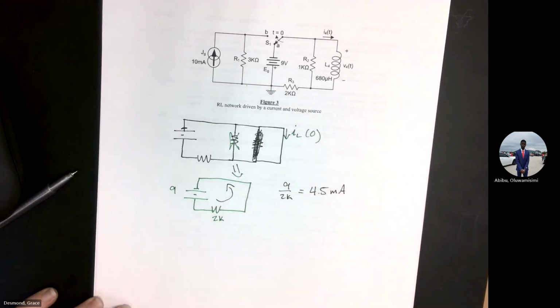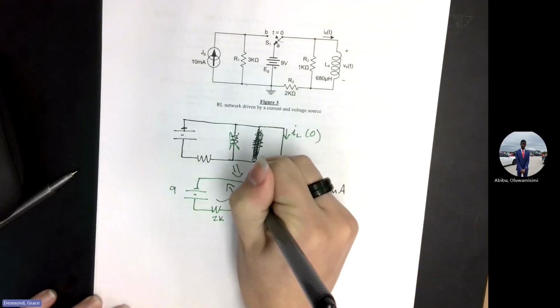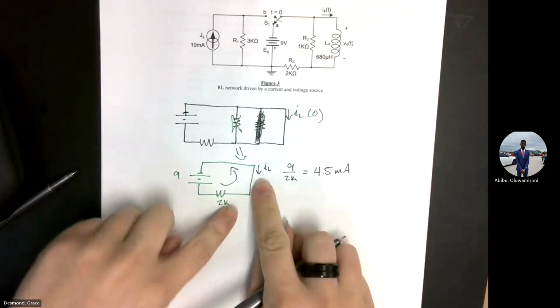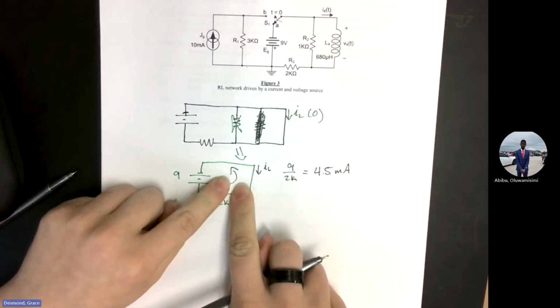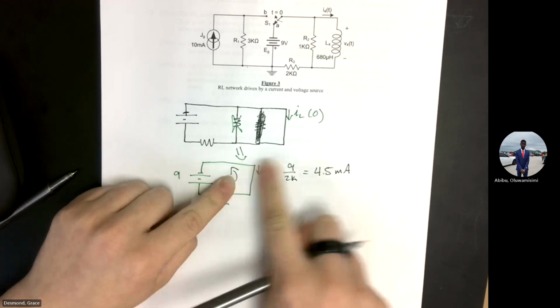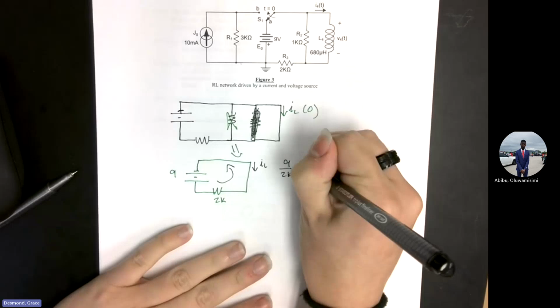Negative. Yes. So we're trying to find this IL going in this direction, but we just found that this current is going in the opposite direction. So the current flowing in this direction is the negative of that, so it's going to be negative 4.5 milliamps.